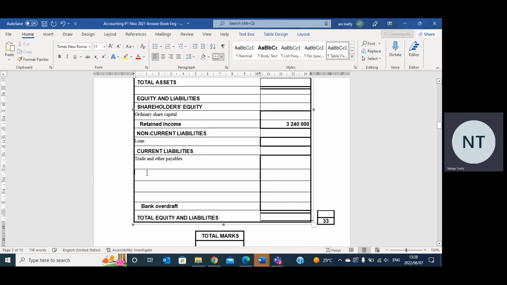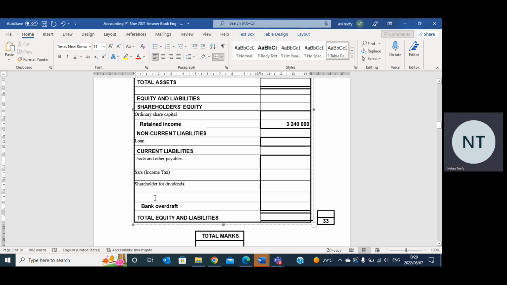Then I need to remember my adjustments that were new to this year. So nicely they put bank overdraft in for us. I know what was new to this year was my SARS income, and then shareholders for dividends. There we go.